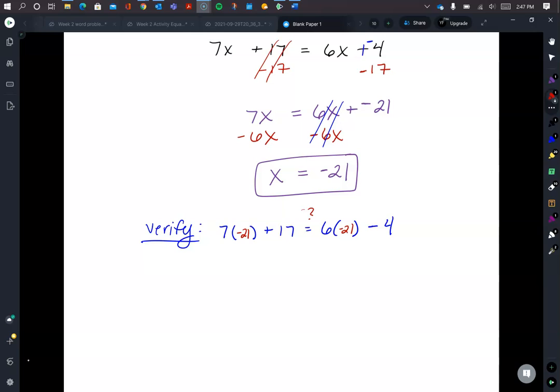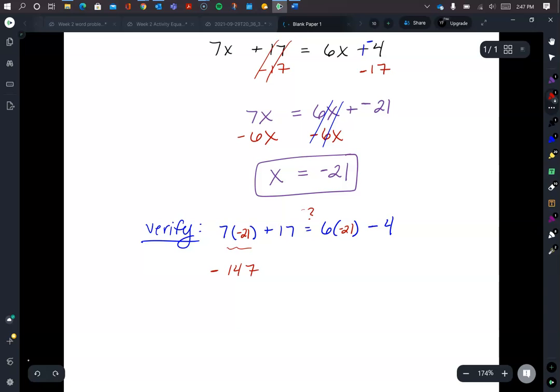So I have 7 times negative 21. I just have to calculate what that will be. You can just do long multiplication, or you can just use a calculator for that one. So it would be 147, but it's negative.